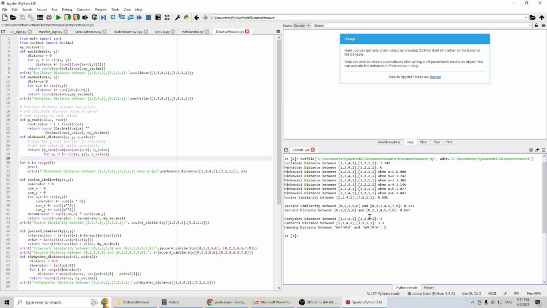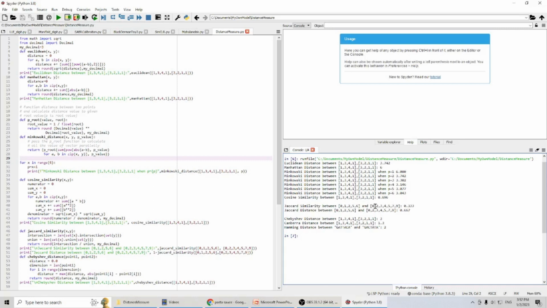And in total, how many numbers do we have? We have this 0, 1, 2, 5, 6. Here we have 3, 4, and also 7. And also 9. In total, we have 9 numbers. So we have 3 in common out of total 9 numbers.